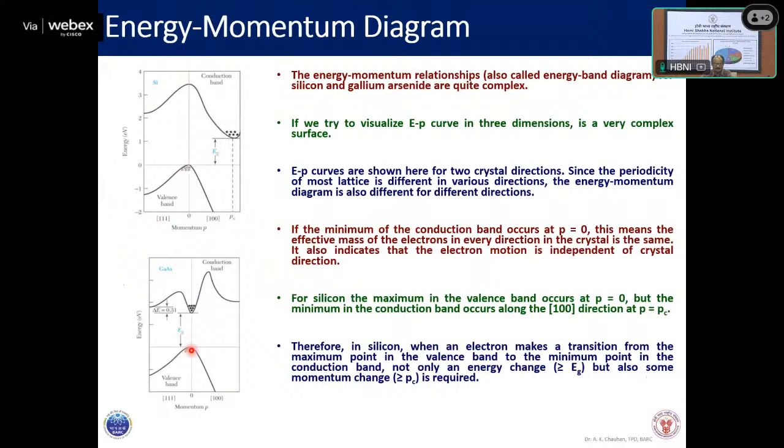So the electron can easily take energy at this point and go directly there. Here only the excitation energy is sufficient to bring an electron from the valence band to the conduction band. In silicon, not only do you need excitation energy, the lattice contribution is also needed, which provides the change in momentum.